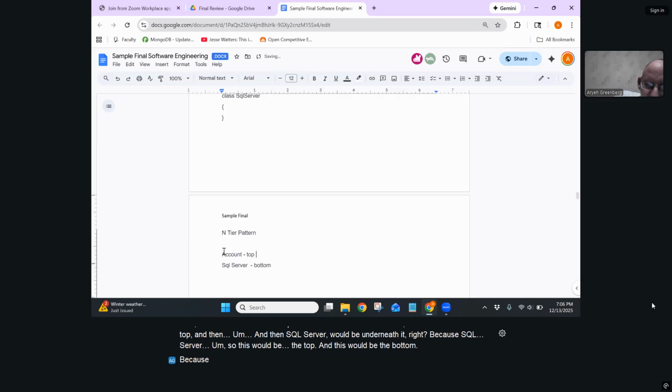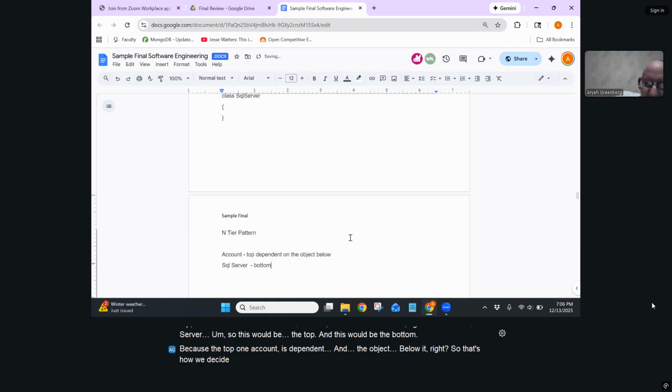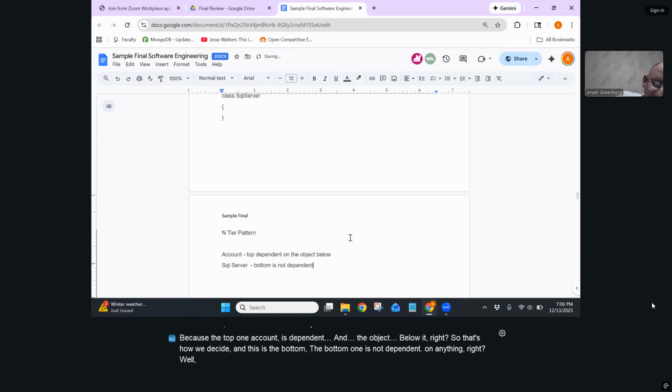Because the top one, Account, is dependent on the object below it, right? So that's how we decide. And the bottom one is not dependent on anything. Well, it might be dependent on some things, but not anything in this diagram.